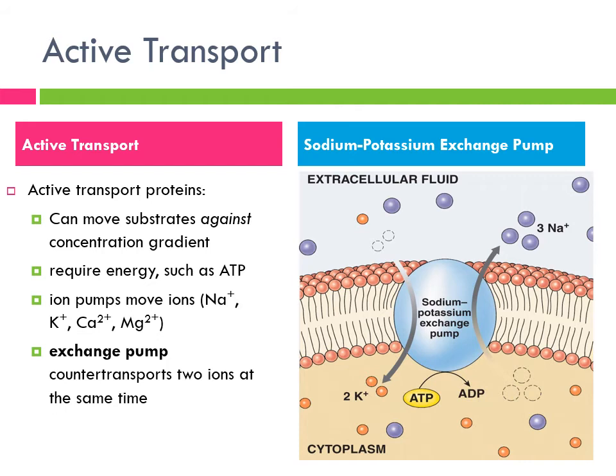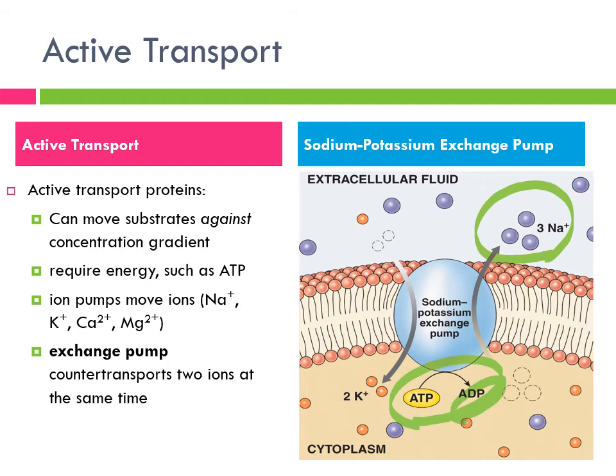In active transport, we can transport substrates against their concentration gradient, and this requires energy. So here you can see an ATP is being spent. ATP, when it gets utilized, it gets broken down into ADP. So if you see ATP to ADP, that means one ATP is being utilized. And in this instance, this is the sodium-potassium exchange pump. So we are pumping 3 sodium out of the cell, even though there are more sodium outside the cell than inside the cell.